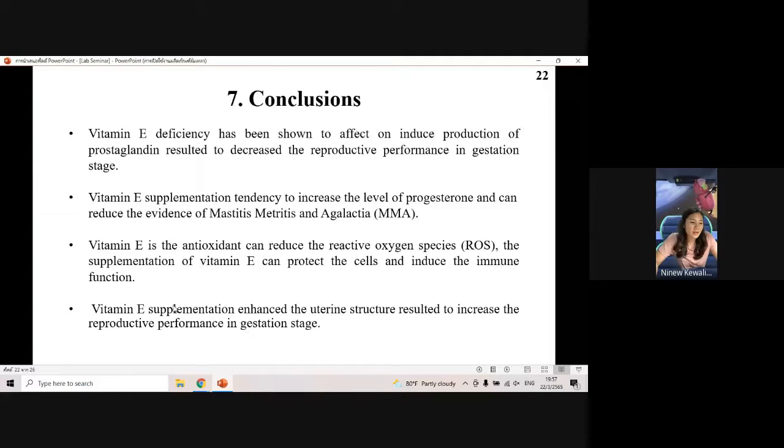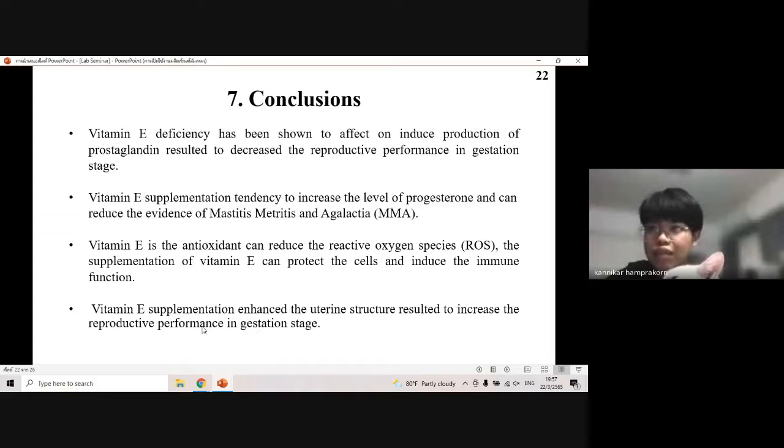But if we have enough vitamin E, enough for the requirement or more, it can enhance the reproductive performance. This one is the deficiency situation, but this one is the enough-for-the-requirement situation. Yes. Okay, maybe next time you can include the level of vitamin A on that.